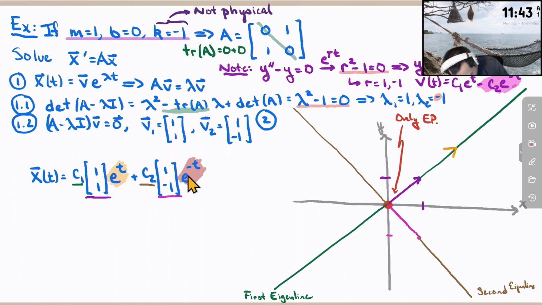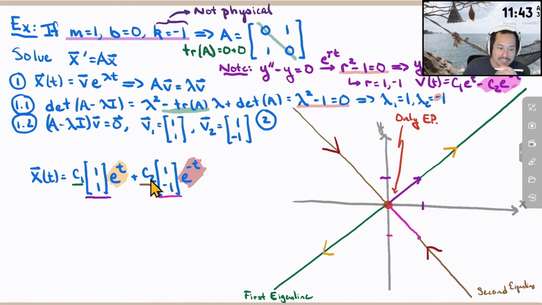That decay is going to be seen as arrows pointing inwards on this eigenline. And so this is the plane where I've plotted both of these eigensolutions, and just the lines associated with the eigensolutions.